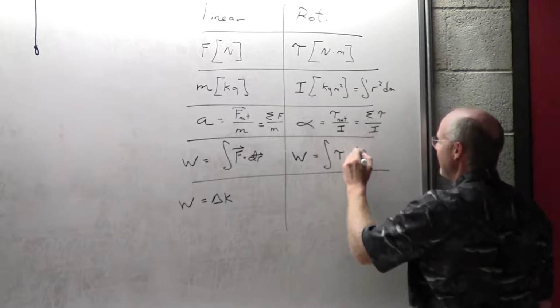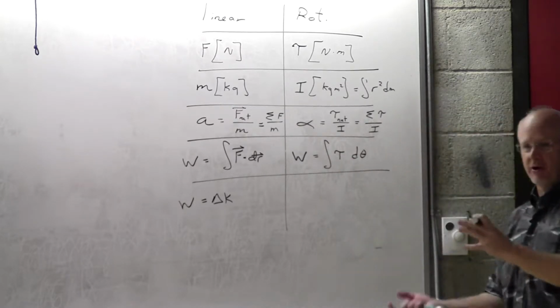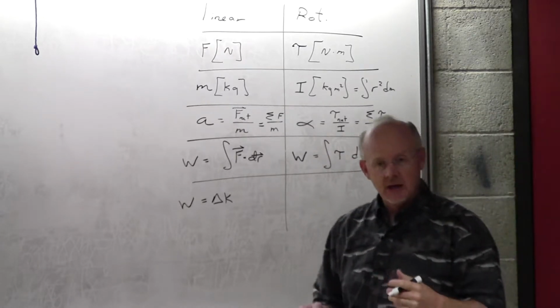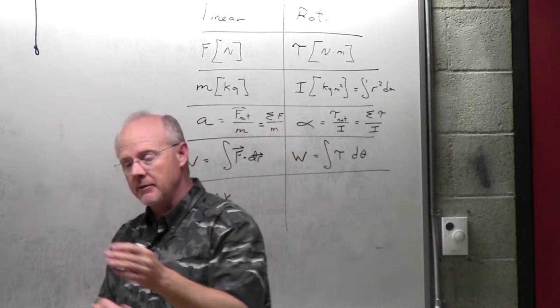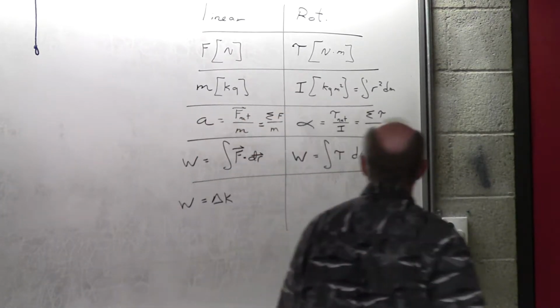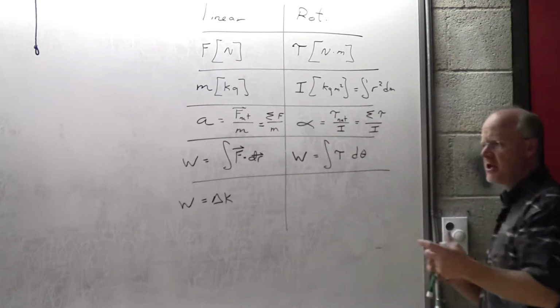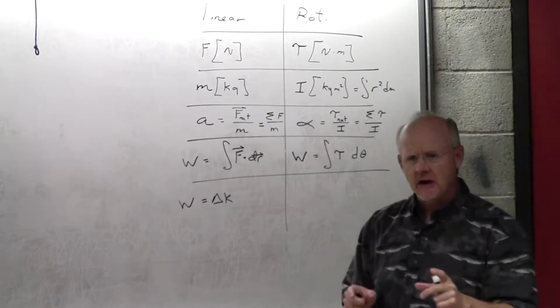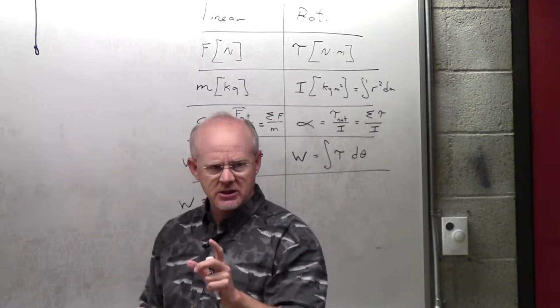Good. Angle, right? And so it's torque rotated through an angle, because in place of position we have angle, and in place of force we have torque. I suppose you could also put a dot product here, but remember in this chapter we kept ourselves to a single axis of rotation.